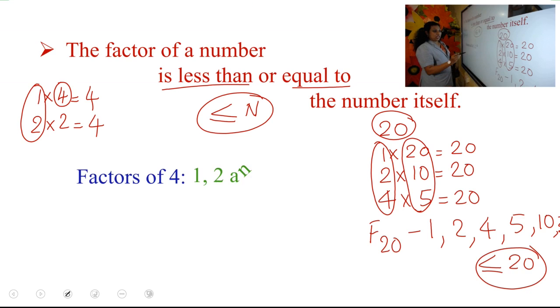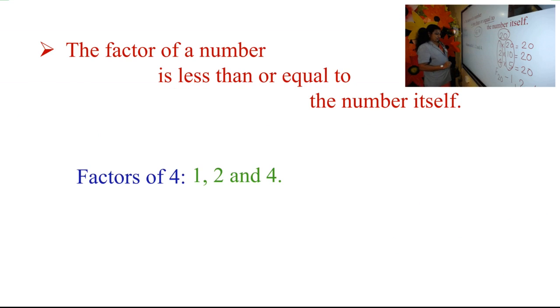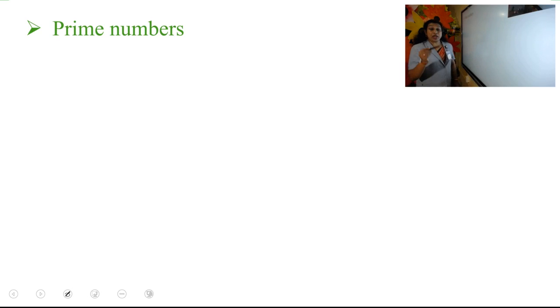We can see that the number itself and the numbers less than 4 are the factors of 4. This is the next property. Clear? Next property is prime numbers. Last year we have learned about prime numbers. Prime numbers between 1 and 100 we wrote in the notebook, isn't it?